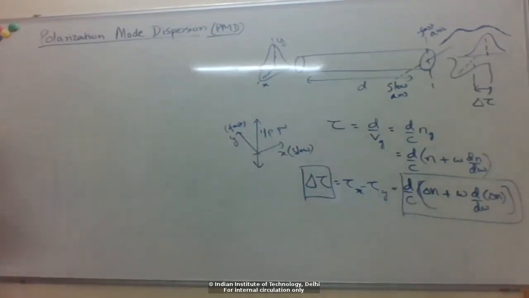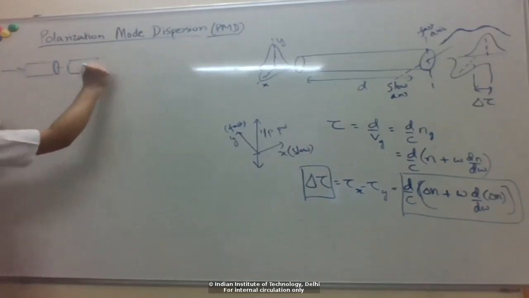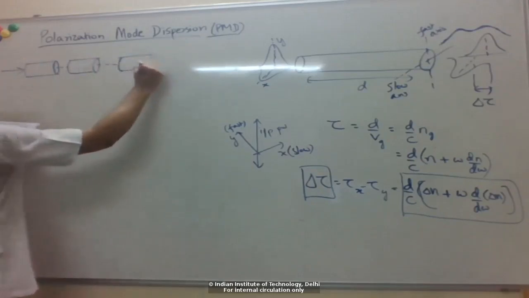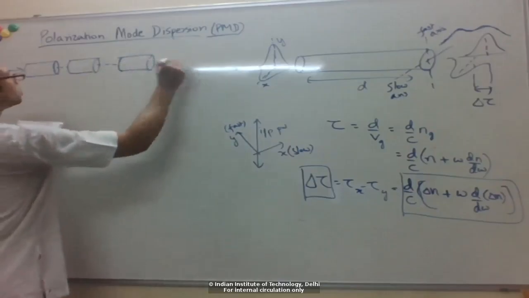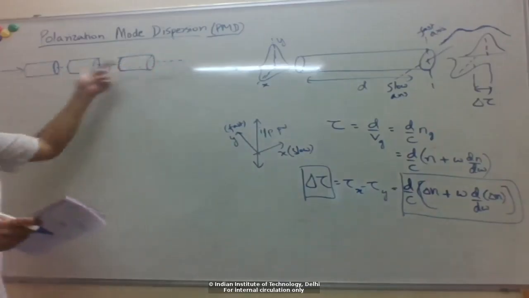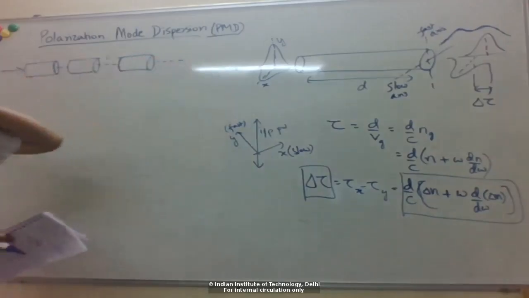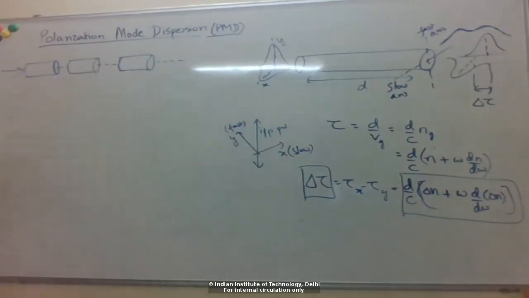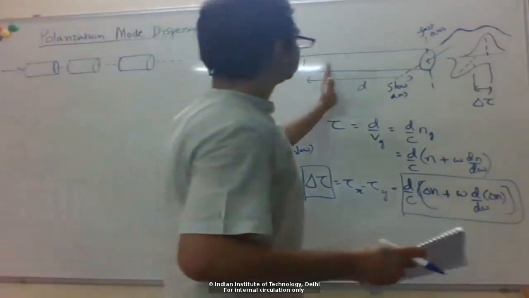So what the situation looks like is, I can think of the long fiber as many segments of length d, each having a constant birefringence.